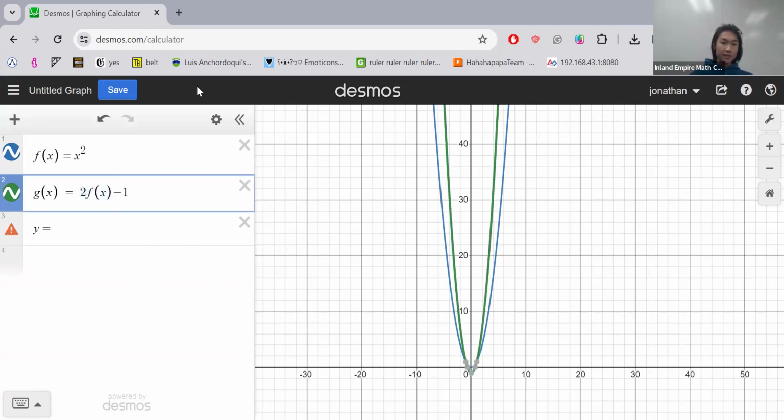Right, without using f of x, how can you find this? So we're trying to visualize what these changes externally are doing to the function internally. So what do you think this g of x function would be if you wrote it without using f of x? Any guesses?